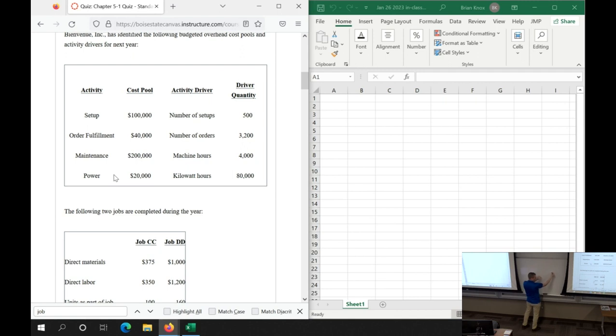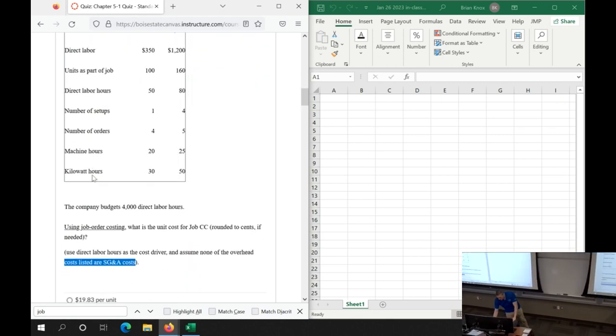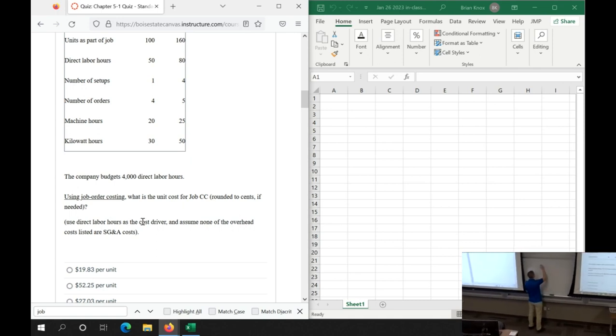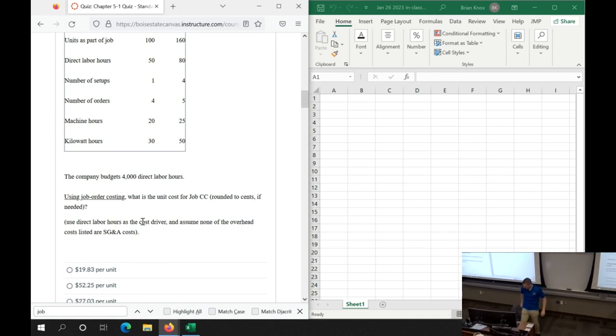And so it's pulling in an SG&A cost that would not even have been considered a product cost under job order costing. So that last parenthetical is there to say, don't worry, that's not the case here. They're all overhead. So we can just use that 360,000. I'll start with Excel. So let's just go into Excel here.